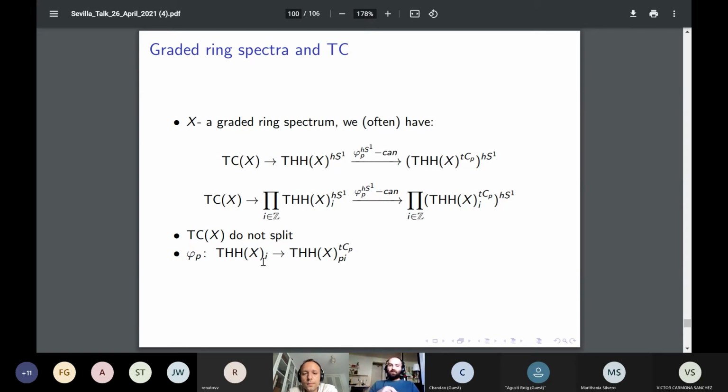And similarly, this Frobenius map somehow takes the p-th power, and therefore it doesn't really respect the grading either. So this TC doesn't split, but we still have a hold on how this Frobenius map behaves with respect to the splitting of THH. It just multiplies the degree by p, just like the Frobenius map would do in the classical graded setting.